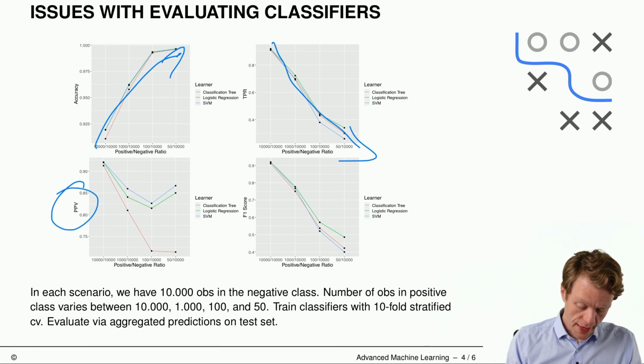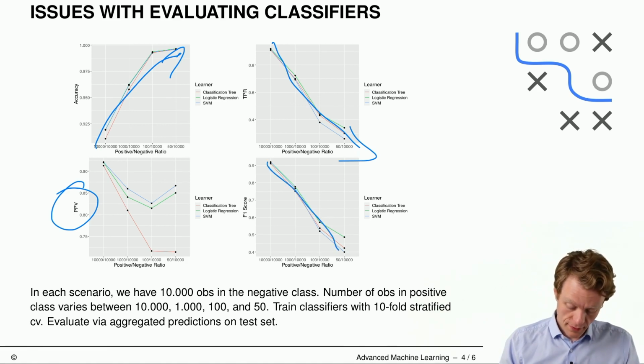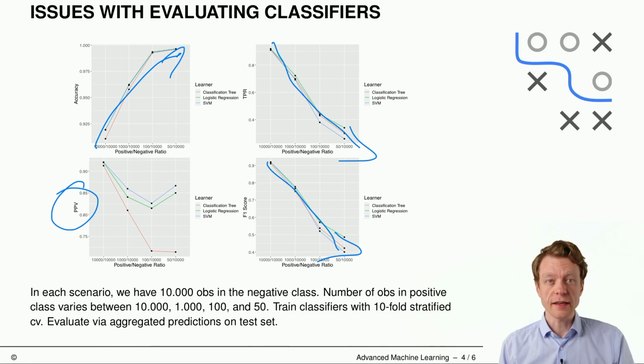This is not as bad for the positive predictive value, the precision. We cannot see a clear trend here, and we also do not have any confidence intervals here, so I wouldn't say that we have a clear trend at all. But with TPR having such a clear trend and with PPV not having a clear trend, the F1 score, of course, takes up the trend of the TPR, so it also goes down for increasing imbalance.